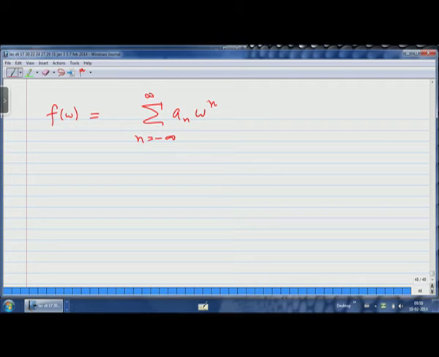This is the Laurent series of f in a neighborhood of infinity, and mind you, in principle it is also the Laurent series of f centered at the origin, but in a domain that's a neighborhood of infinity.